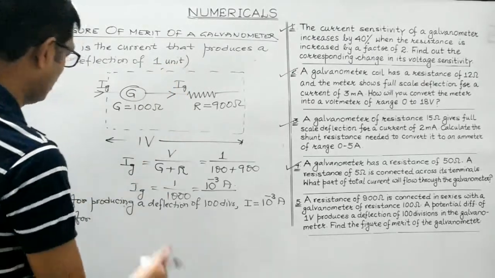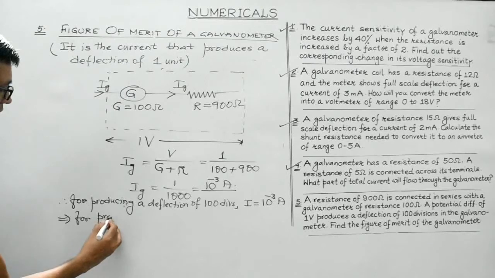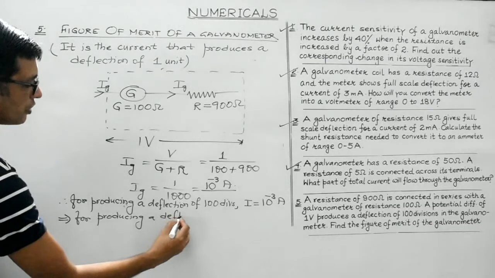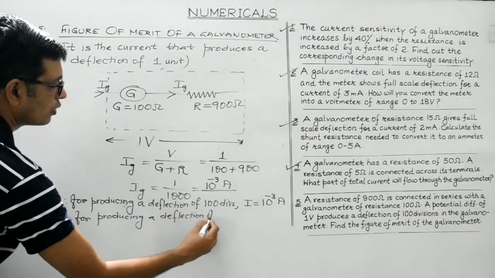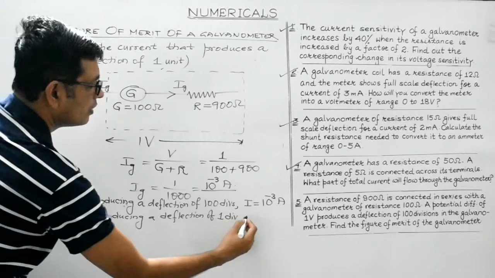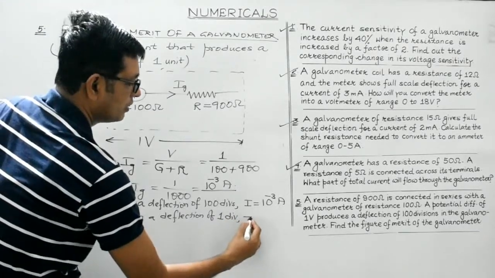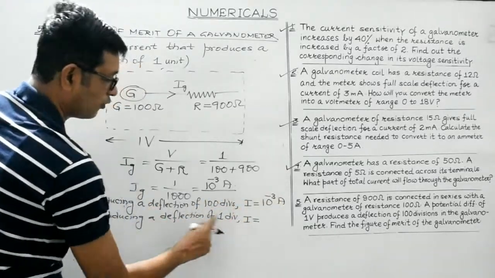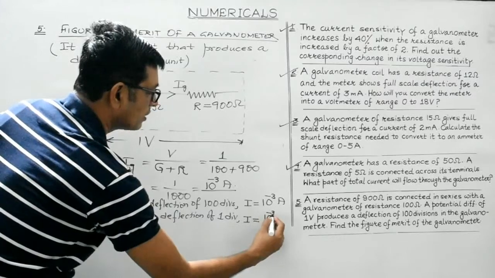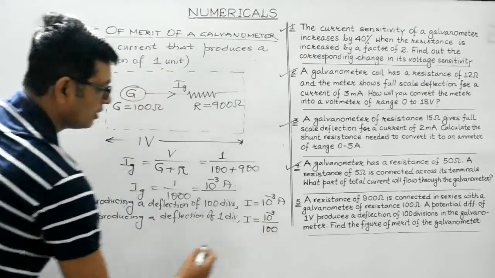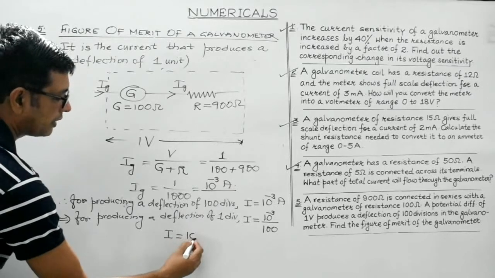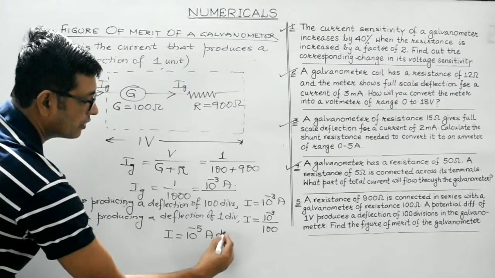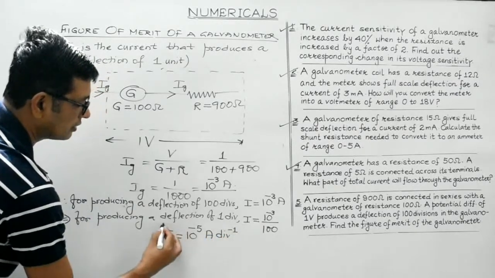So for producing a deflection of one division, the current would be, for 100 it is 10 to minus 3, so for one division the current would be 10 to minus 3 divided by 100. So the answer would be 10 to the power minus 5 ampere per division. Per division, this is the answer.